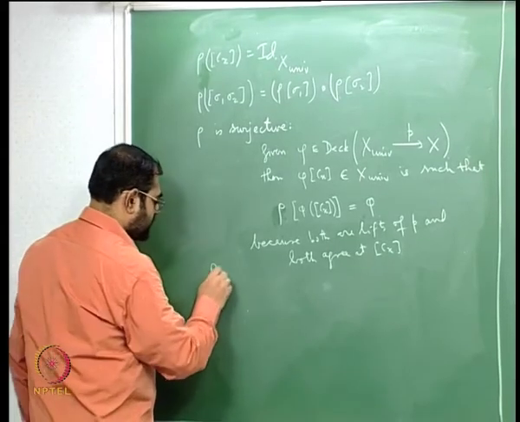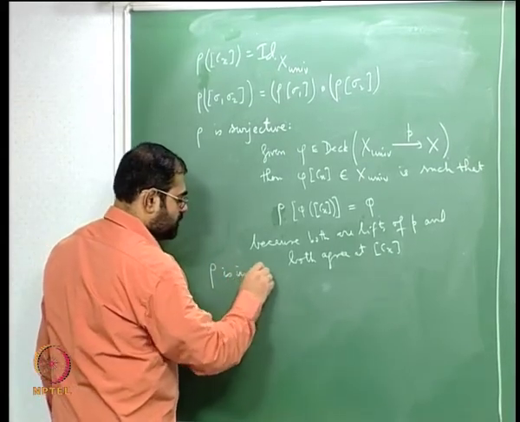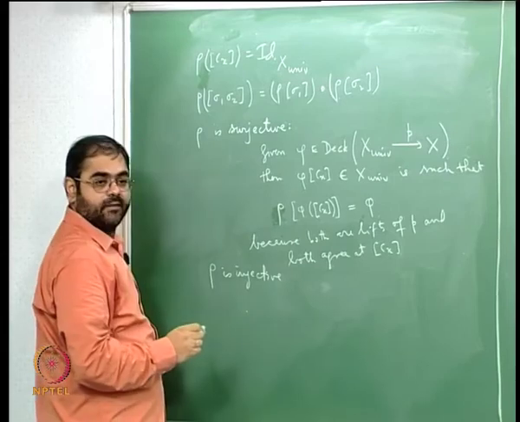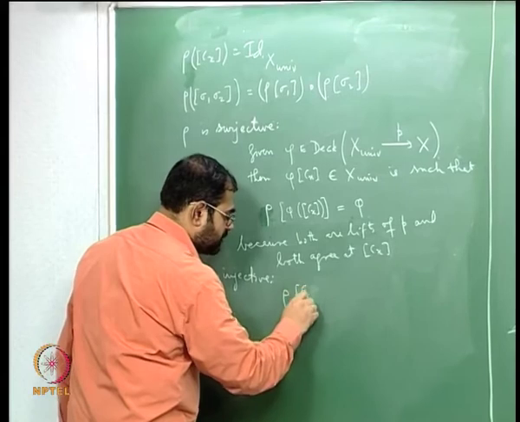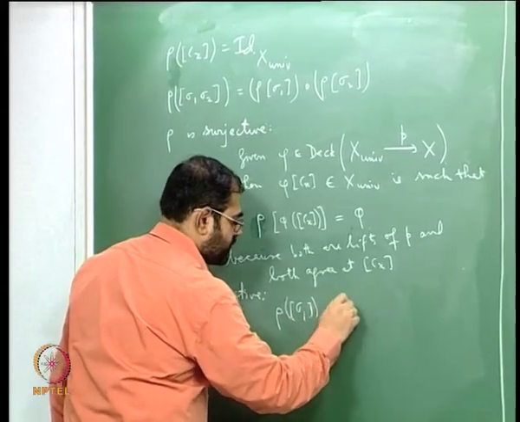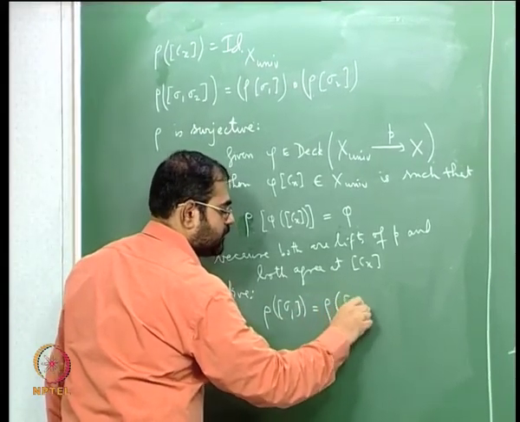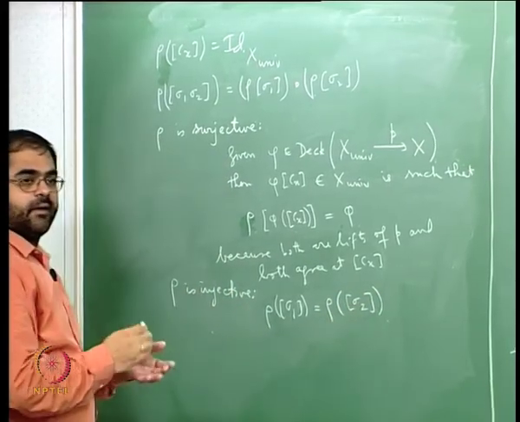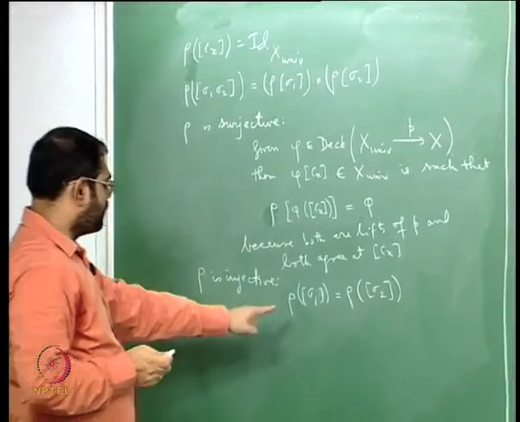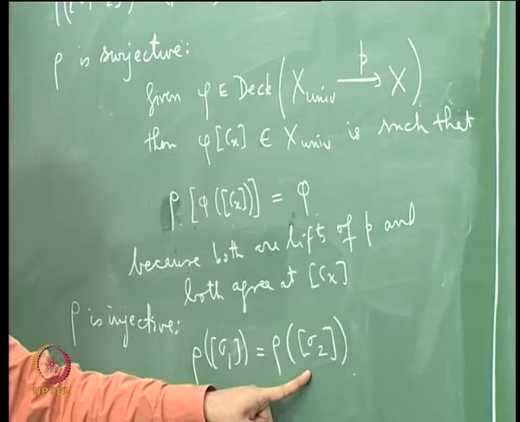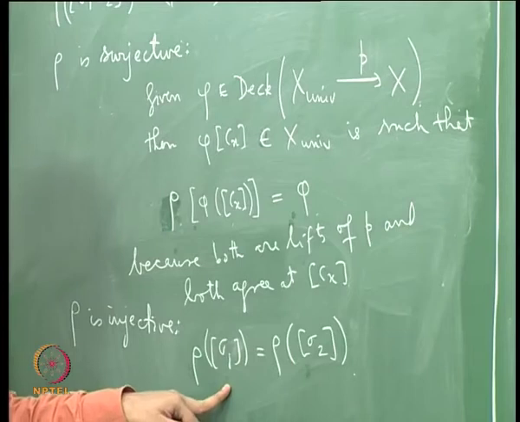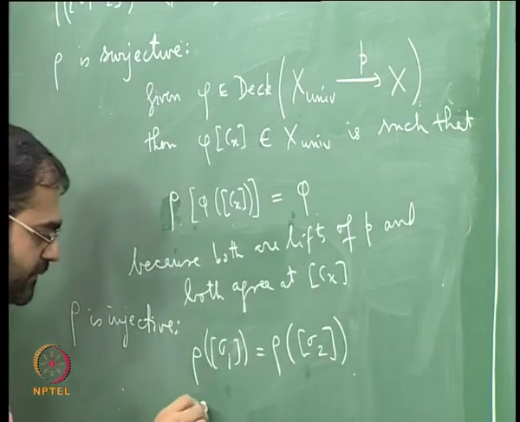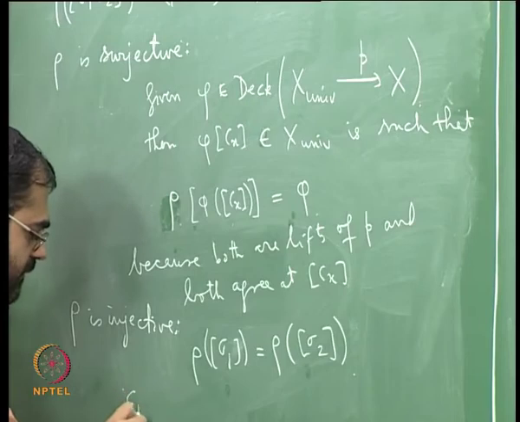And rho is injective: namely, if rho of sigma 1 is equal to rho of sigma 2, then for the same reason, you apply these to Cx and evaluate at Cx.